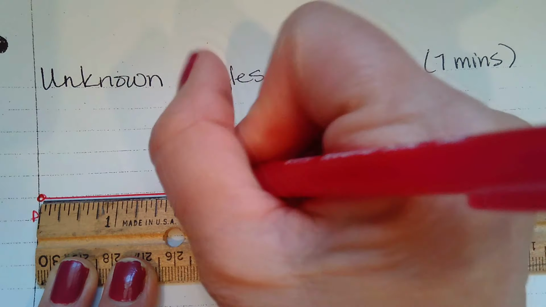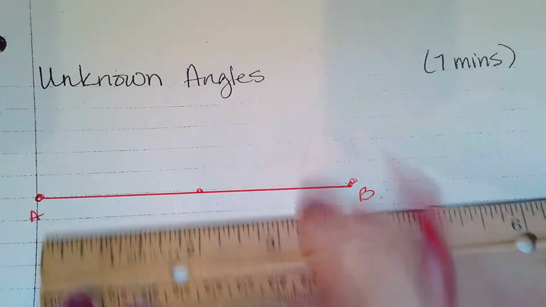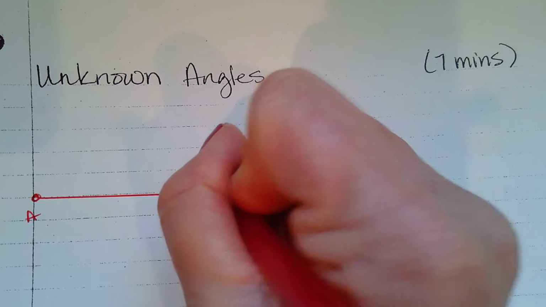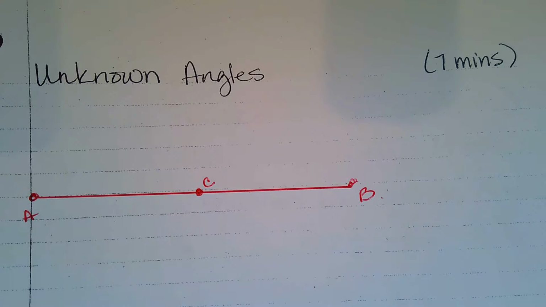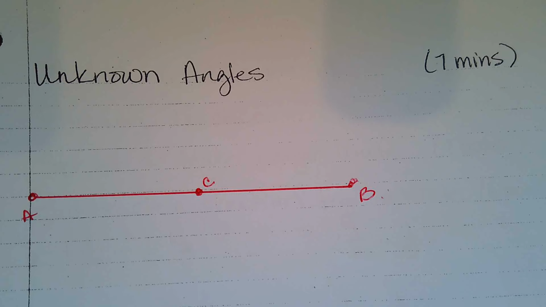At the 2-inch mark, we're going to mark a point C. Now, what we're going to do is draw a 30-degree angle opening to the left from point C with AB as one side. And then we're going to label that endpoint D.